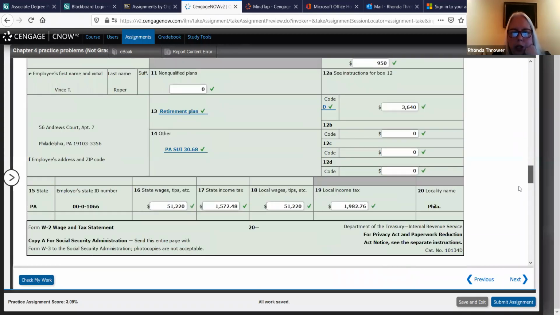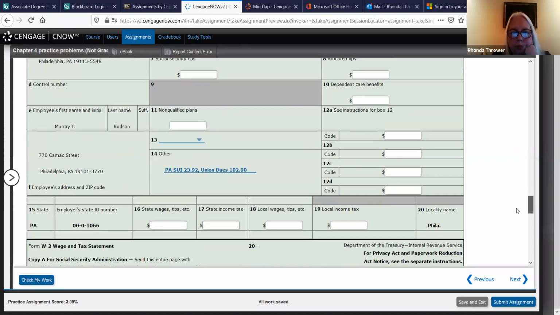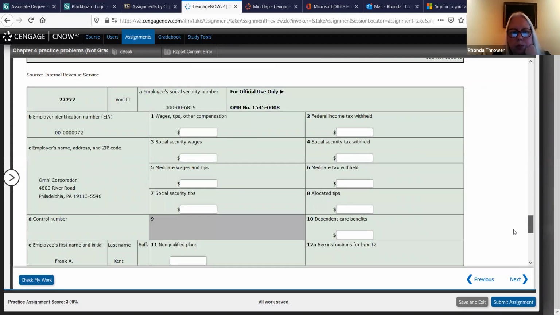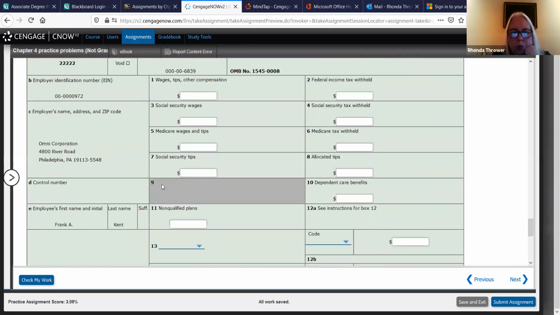So we're doing Frank A. Kent. And we're looking at box number 1. And the gross wages was $1,875 less your 401k plan wages of $100, gives you $1,775 that is taxable per week for federal income taxes.